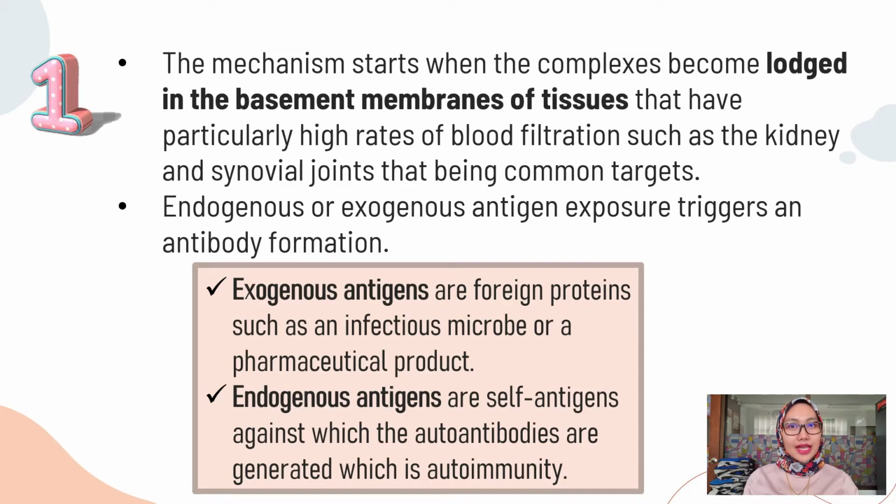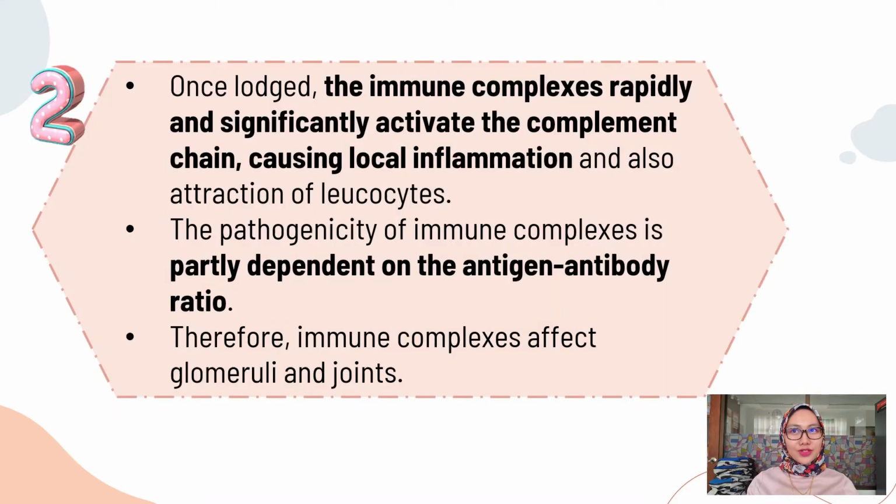In both cases, the antigens bind to antibodies, forming circulating immune complex, which can later migrate out of plasma and deposit in host tissues. Once lodged, the immune complex rapidly and significantly activates the complement chain, causing local inflammation and also the attraction of leukocytes.